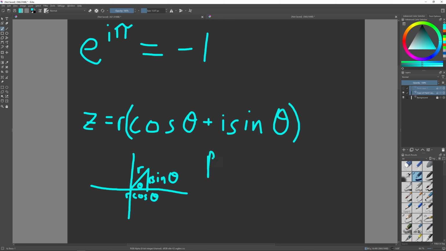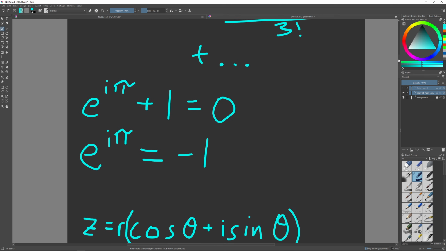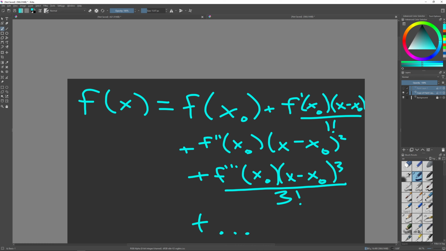And so it's good to go through the math in high school and learn polar form and learn complex numbers and get lots of practice, because that's the only way that this becomes obvious. Now we're going to make use of this formula, which is Taylor's theorem, and we're going to make use of calculus. So this is the starting point. I don't know if I'll make a video about deriving Taylor's theorem, but it's a way of approximating something.